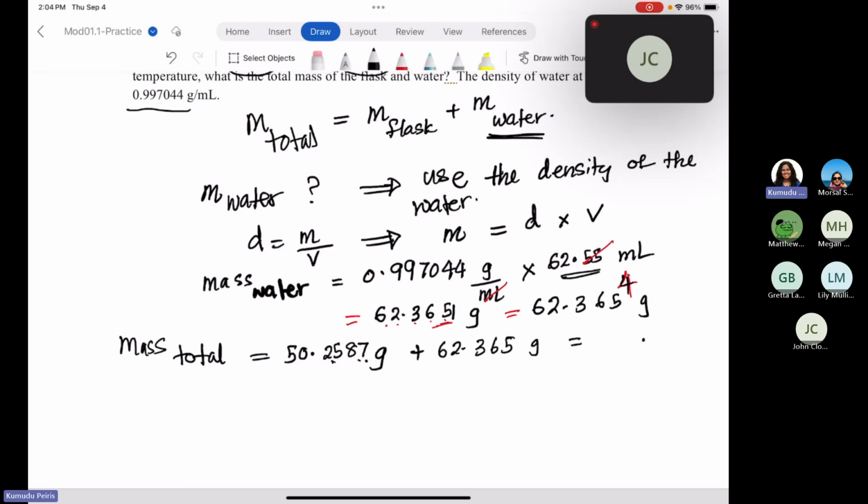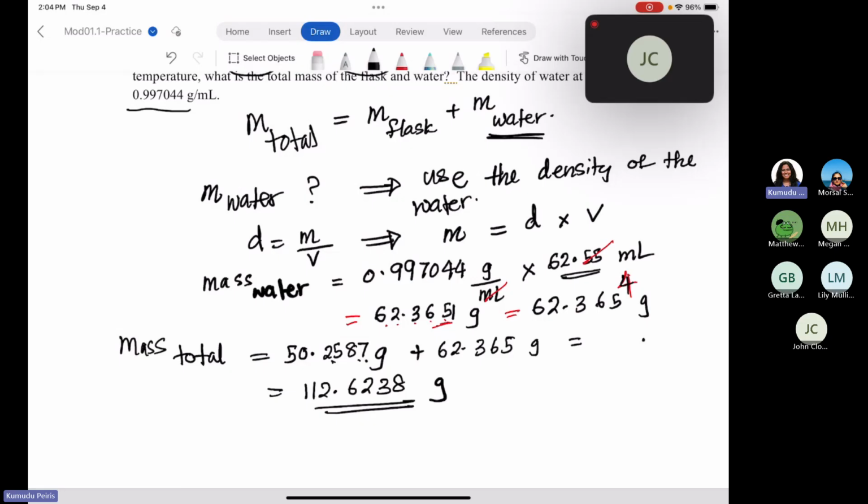Therefore, the final answer should also be given to the fourth decimal place. So when I add that, I'll get 112.6237 grams.